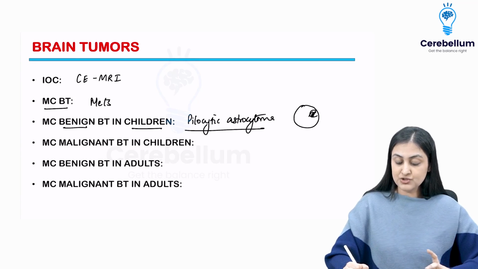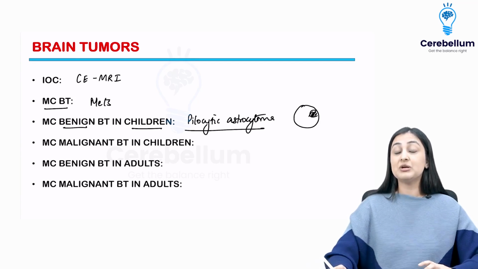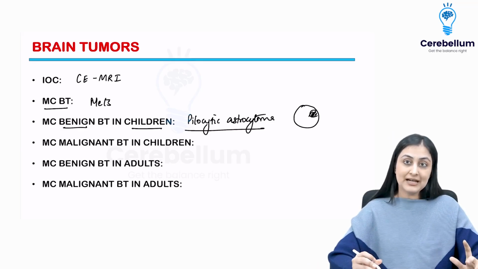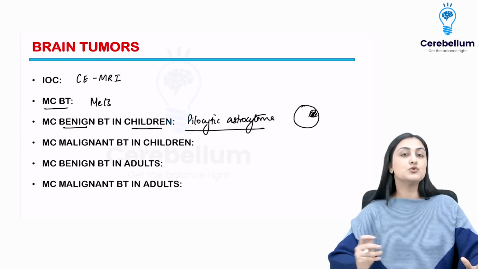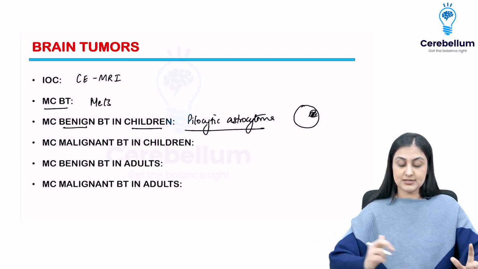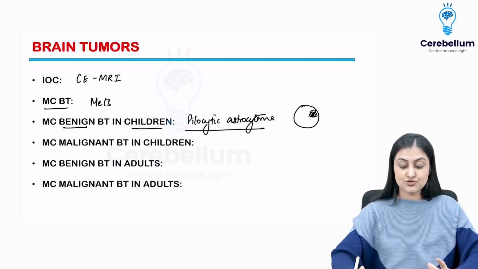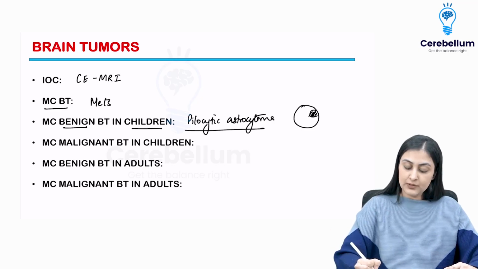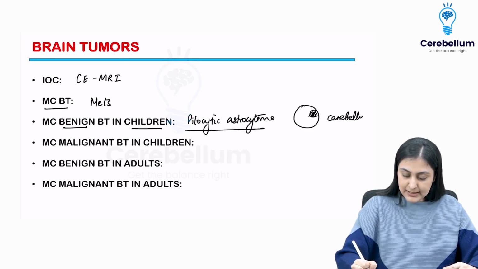If you remember in the GU system, I had told you anytime we have a cyst with a mural nodule in the cerebellum, if it is a child, we talk about pilocytic astrocytoma. If it's an adult, we talk about hemangioblastoma, right? So this is pilocytic astrocytoma. I am also drawing the pattern so that you have that mental picture. It's going to be a cyst with a mural nodule in the cerebellum.